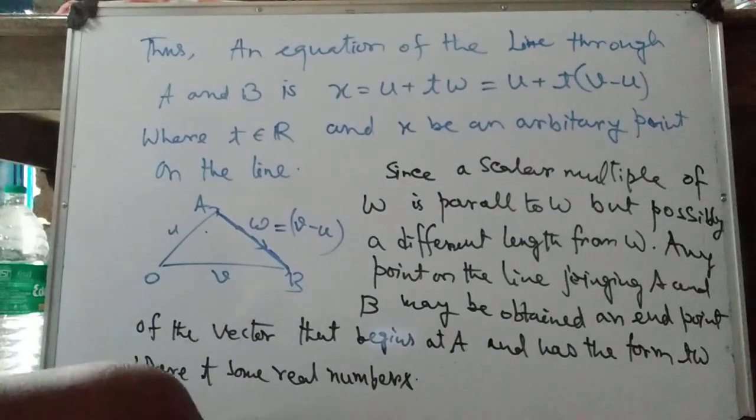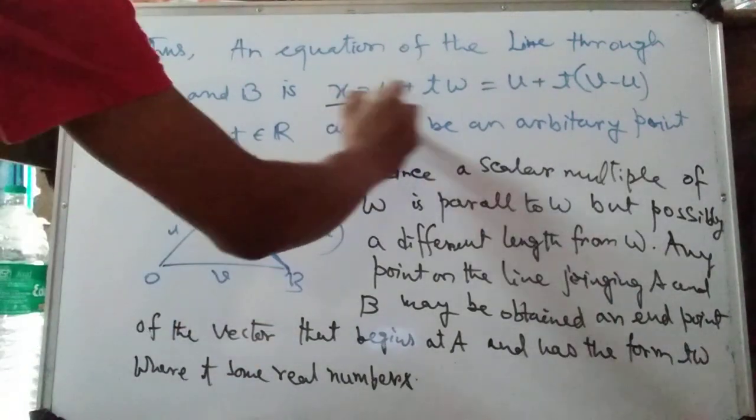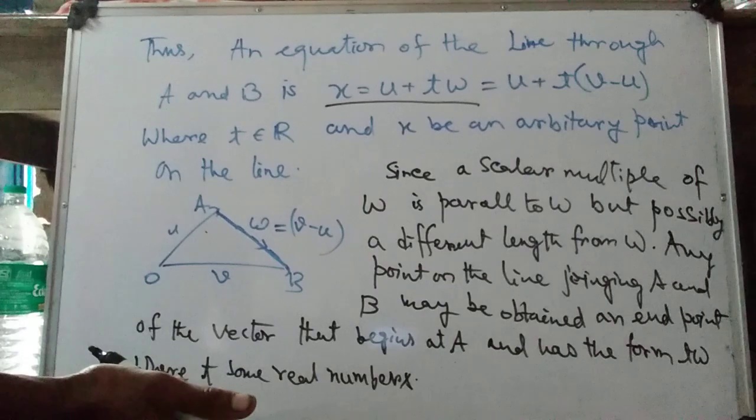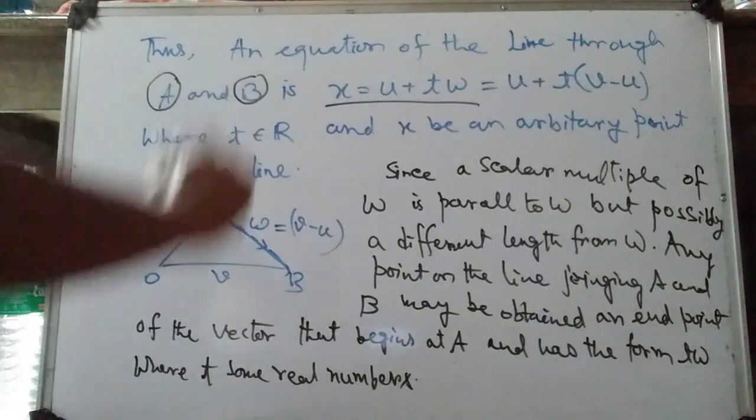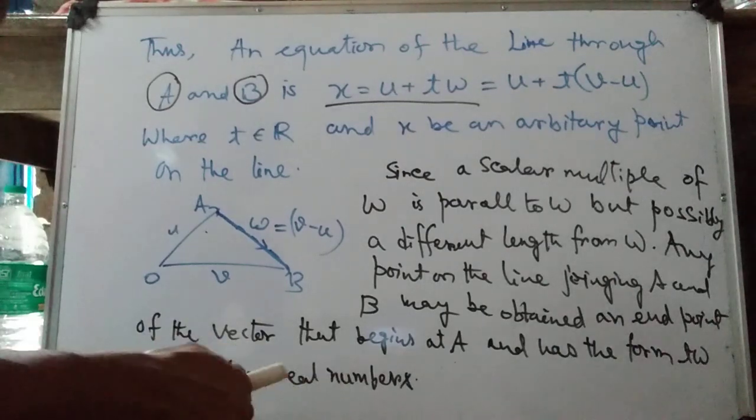Not a problem at all. Then we call it this, because an equation of the line through A and B, we write it as x equals u plus tw.